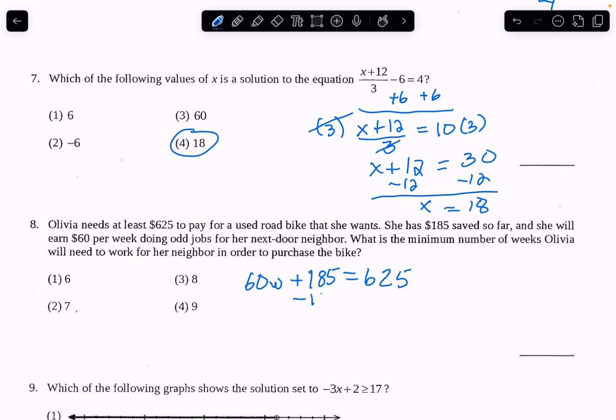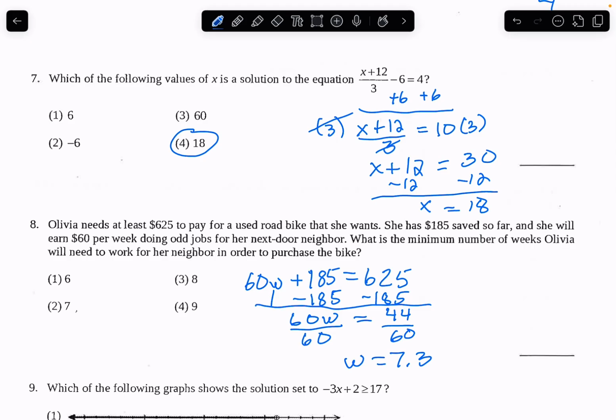So we're gonna subtract 185 from both sides, and we get 440 is equal to 60W. And then if we divide both sides by 60, we get W is equal to 7.3, and some decimal.